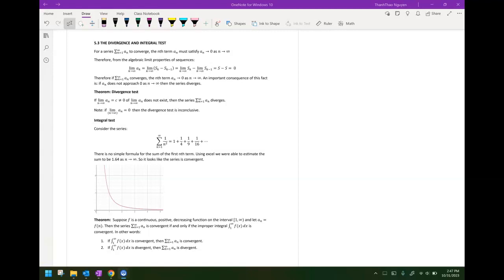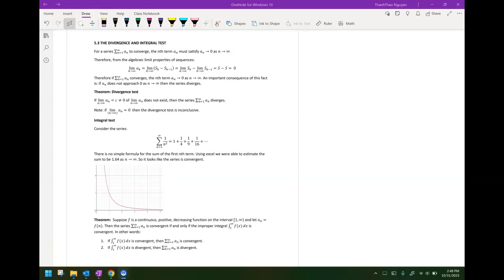And we can split the limit. Let's say this is the limit as k approaches infinity of s sub k minus the limit as k approaches infinity of s sub k minus 1, which is equal to s minus s, equal to 0. So therefore, the series is convergent.